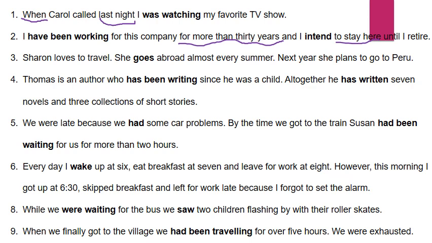Some clues are time clues or information that helps you to pick the correct form of the verb. It can even be some verbs.